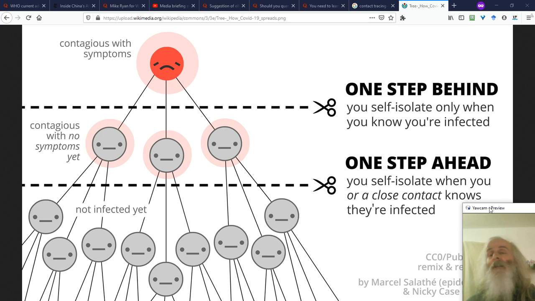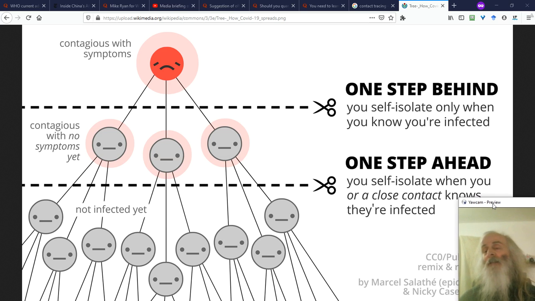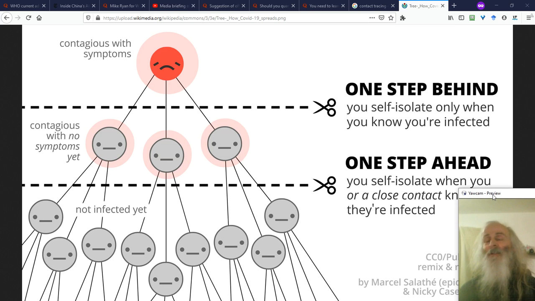And if we all did that, then we wouldn't really need the contact tracers, except in very rare situations, because most of the time the people you want to contact are people that you know. And then the contact tracers would ring you up and ask, "Do you have any contacts?"